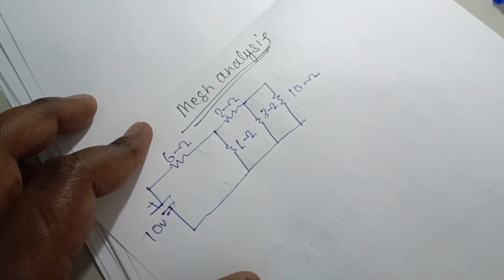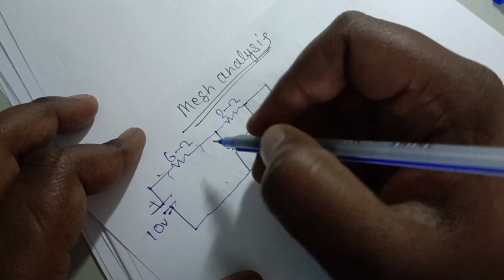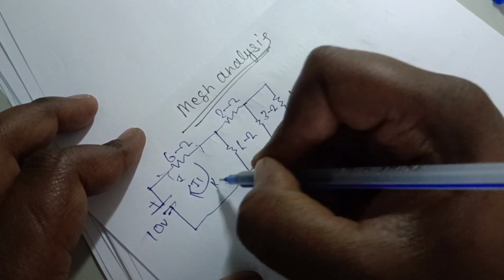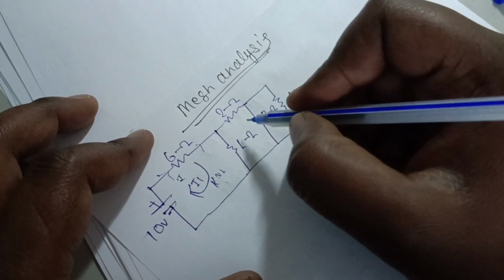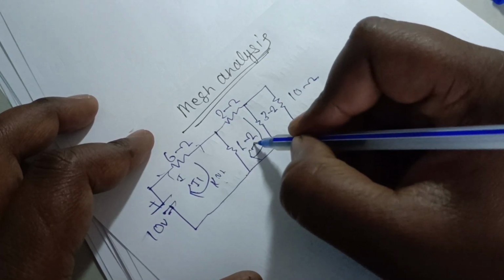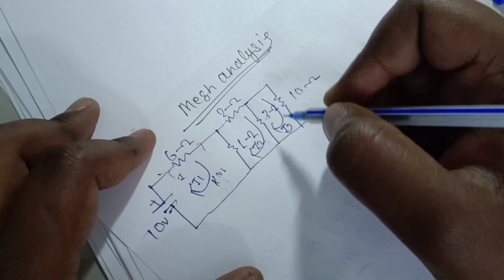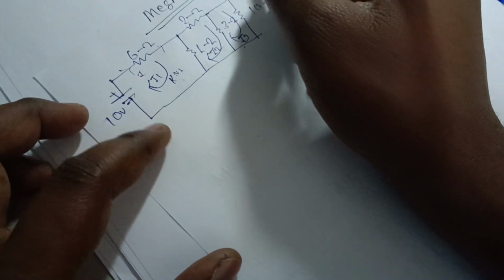Again I think the process is the same. In this loop it is flowing I1. Again we will use Kirchhoff's voltage law. Here again I2, and again I3, because there will be three equations with three unknowns. We can easily find them through this.